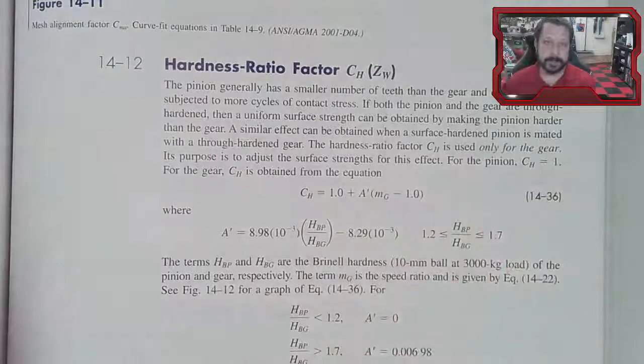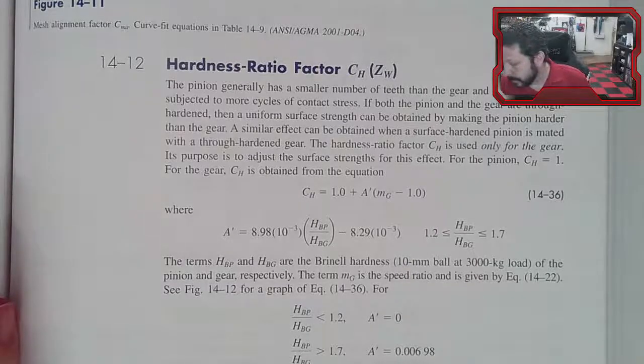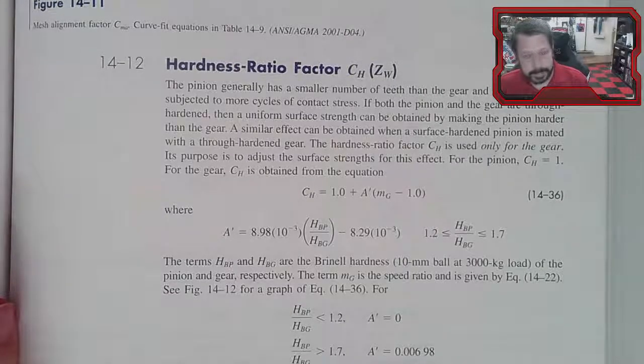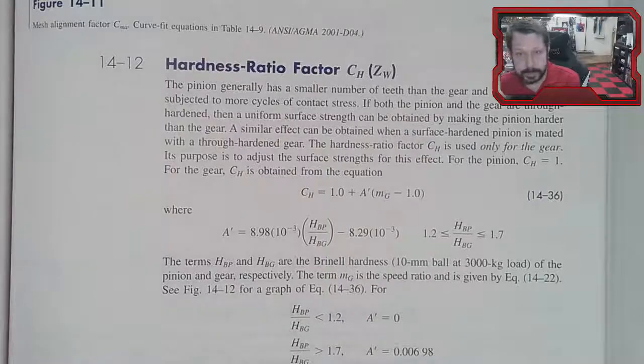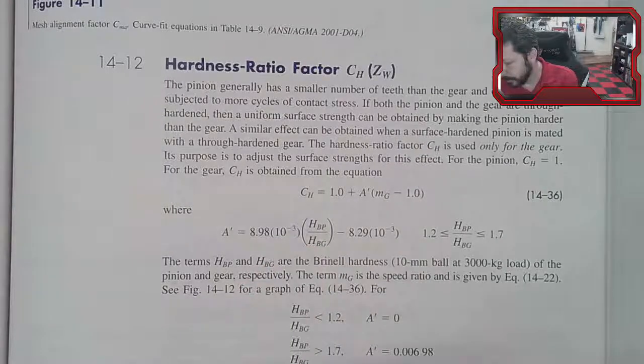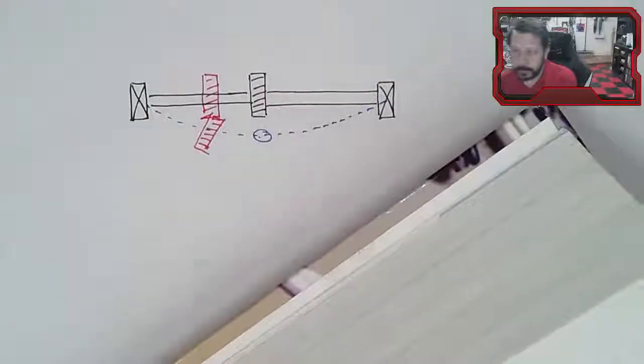So typically the pinion is the harder of the two if they have different hardnesses. If you're working with the pinion, which we are, you put CH equal 1. If you're working with the gear, then you have to figure out the ratio of the hardness of the pinion to the gear and put a different number in there from one of these equations. So we just use 1.